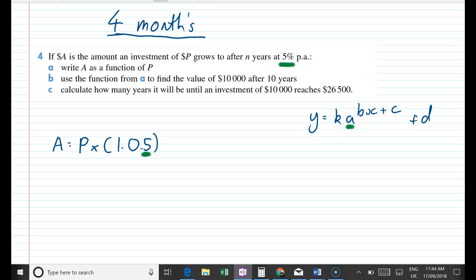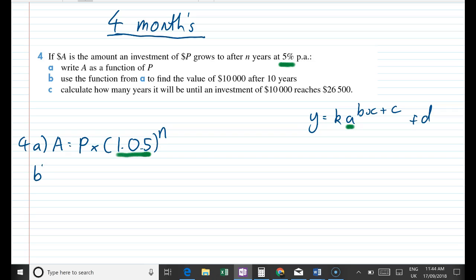The whole 1, because you don't lose money on the investment, and an extra 5%. And that's to the power of n, because my power is how many times I want to times it by itself, and I want to times it by itself for n years. So that's the first part. That's part A of question 4 done.